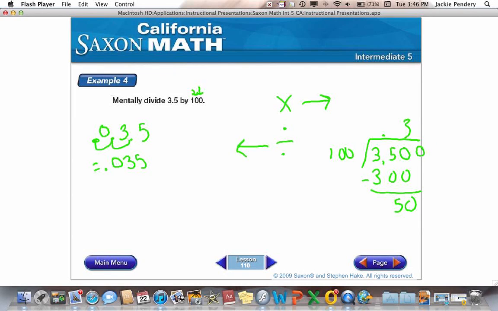I add another 0. I bring down. 100 goes into 500 5 times. 5 times 100 is 500. I stick a 0 here in my tenths place as my placeholder, and my answers match. Okay? All right, let's look at example 5.